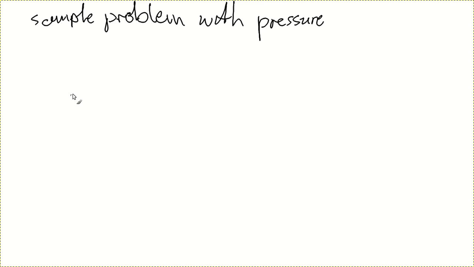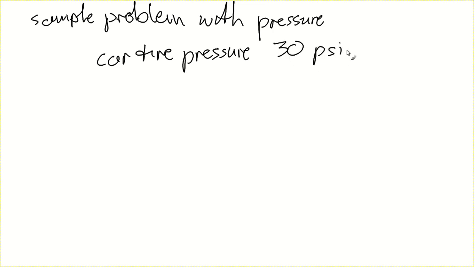So, car tire pressure of usually about 30 psi. And by the way, psi is just a shorthand for pounds per square inch. And we want to know what area of contact patch this car tire is going to have with the road. So let me try to explain what I mean by that with a drawing. Okay, here's a tire.